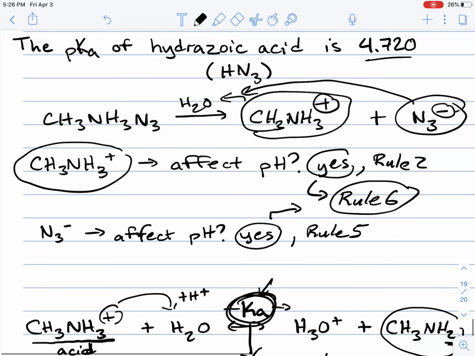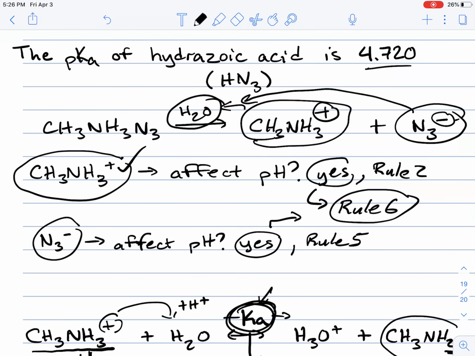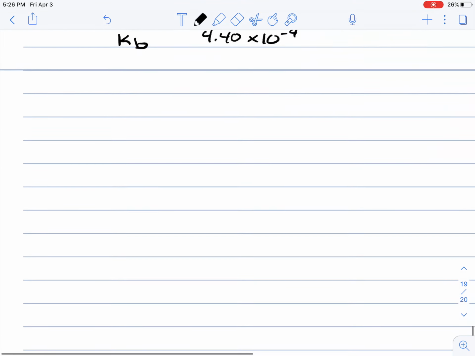All right, so that fulfills this reactant, or this first ion. So we need to do the same process for N3⁻. And so N3⁻ is only going to react with water. That's the only other substance in the solution that's present. And so we have N3⁻ plus H2O.